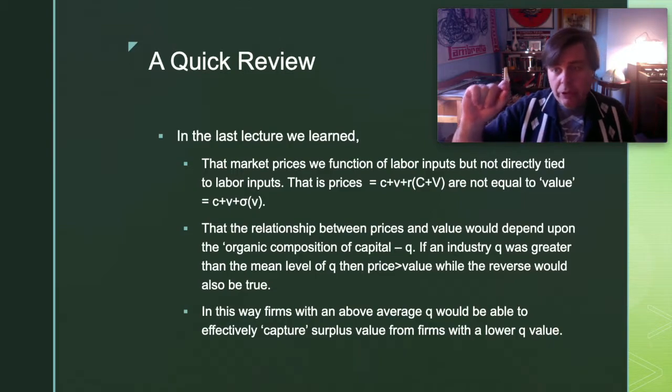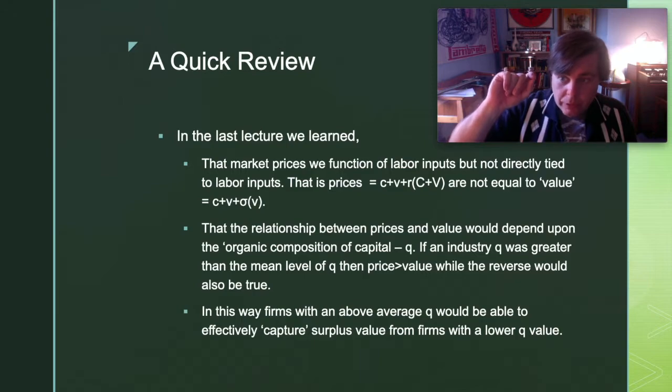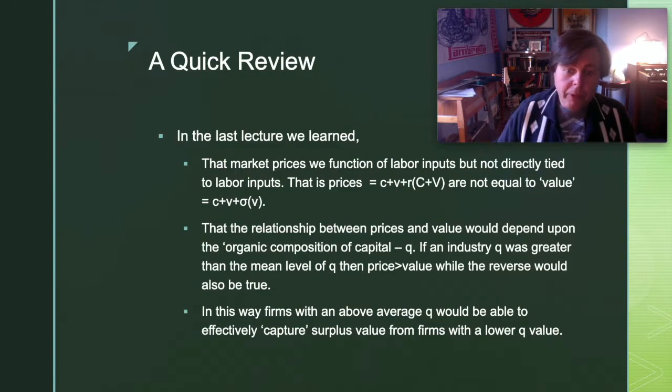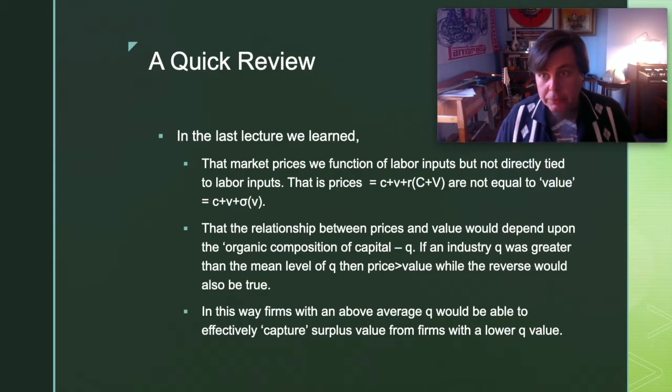A firm that has a Q value greater than the mean value is going to see a market price for its goods that's greater than the embedded value, and the reverse is also true. So in this way, firms with above average organic compositions of capital are effectively able to capture surplus value from firms with a lower Q value. Again, this is all from the third lecture.